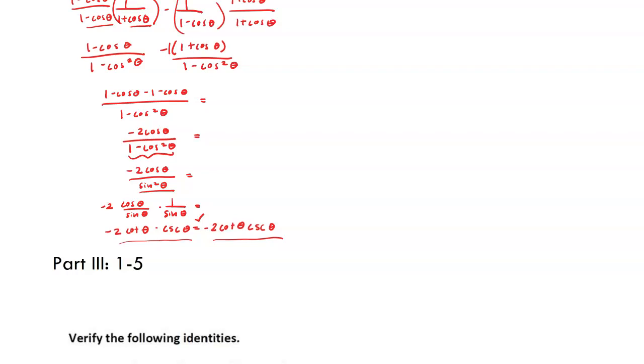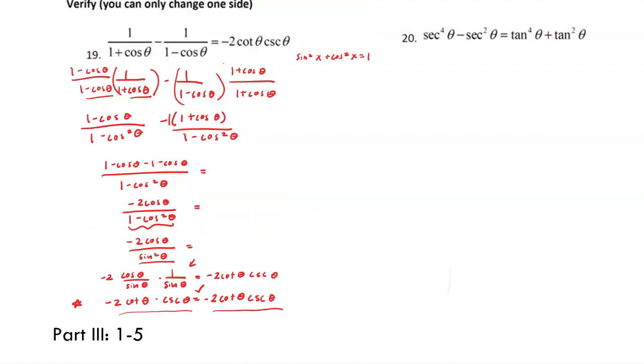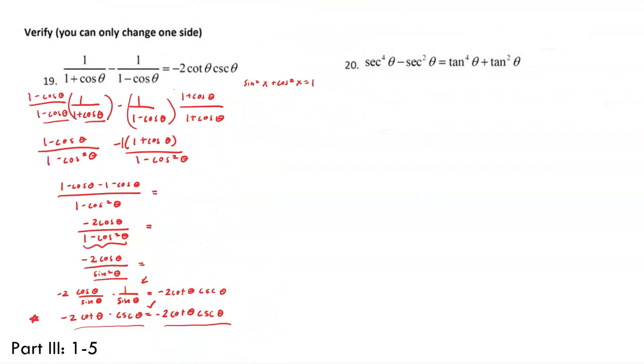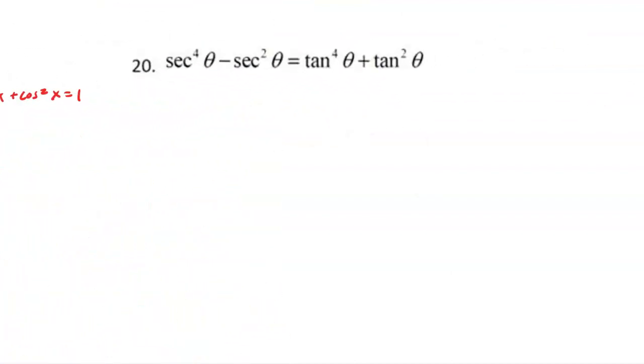You can't just go from here and say, hey, this equals -2 cotangent of theta and cosecant of theta. This will be incorrect. If you leave off this last step, then you did not finish. The left-hand side has to be exactly like the right-hand side. Okay? Good job. Okay, let's take a look at this one.